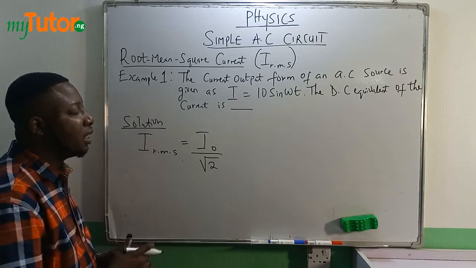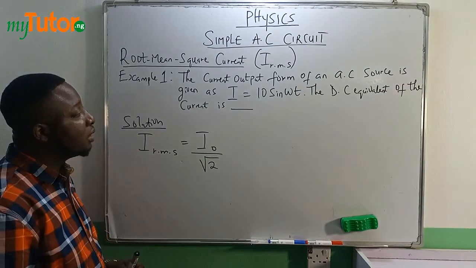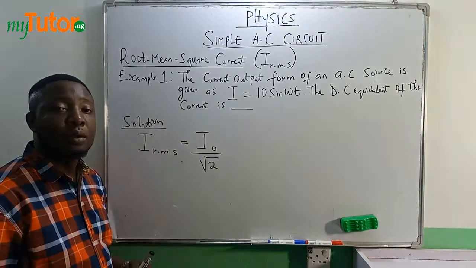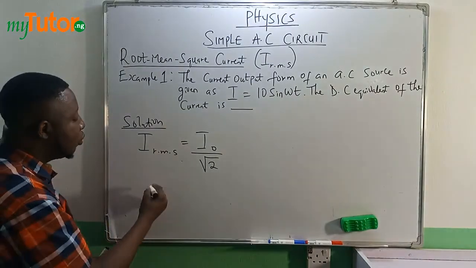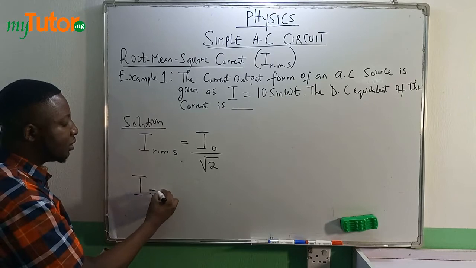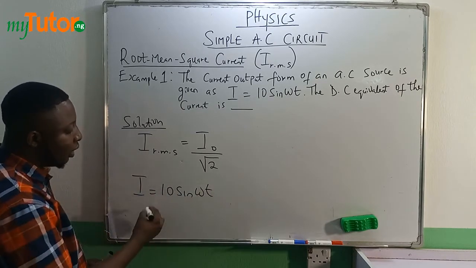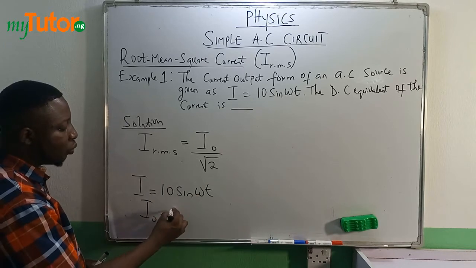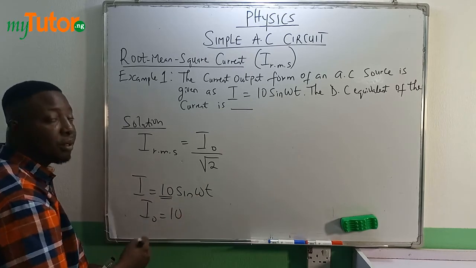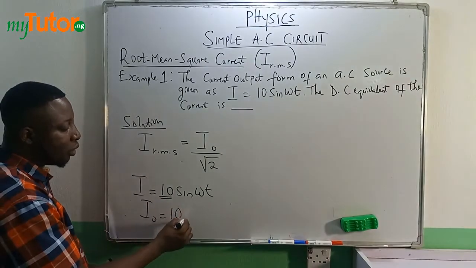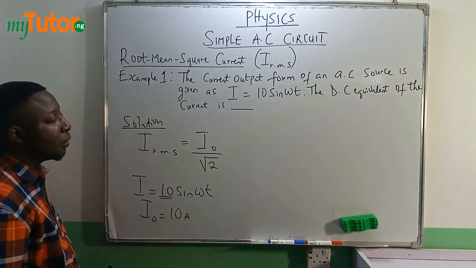Next is to identify our peak current. From our equation I is equal to 10 sine omega t, our peak current is equal to 10 ampere.